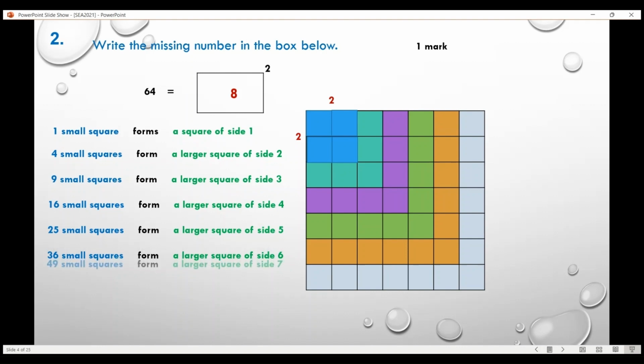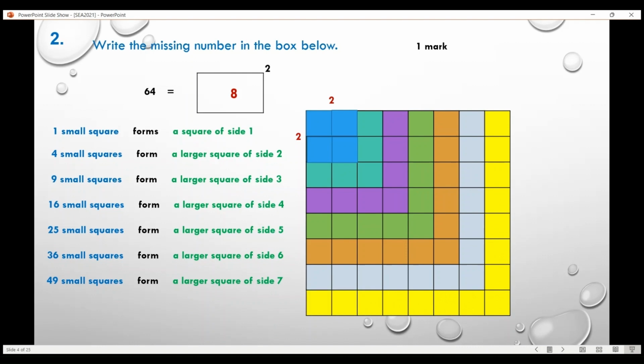So we have 49 small squares forming one large square of side 7. And of course, our question now, which is what we had, 64 squares, and those 64 small squares form a larger square of side 8. So 64 is equal to 8 squared.